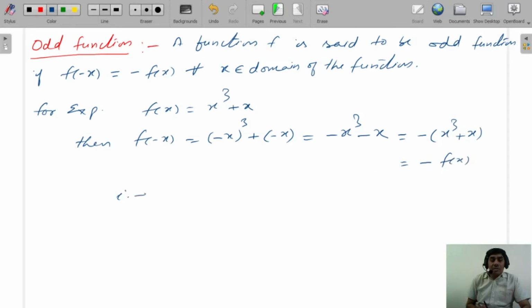That is, f of minus x is equal to minus f of x for every x. Hence, f is an odd function.